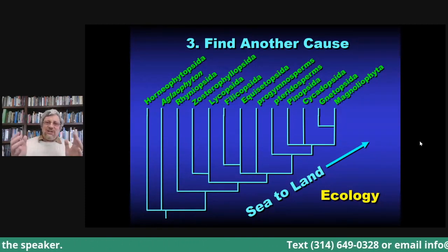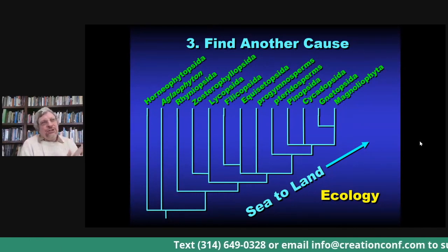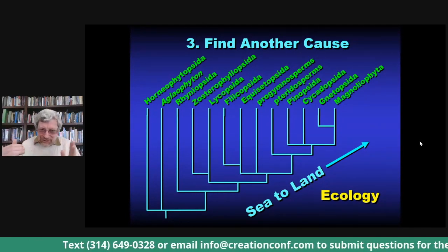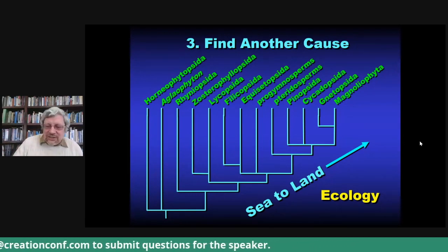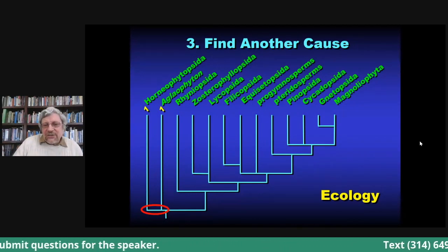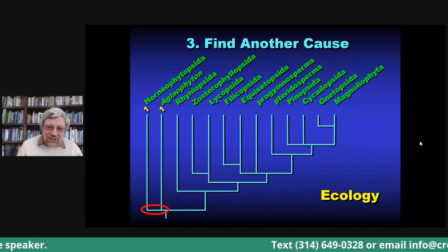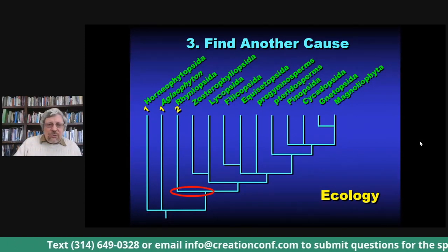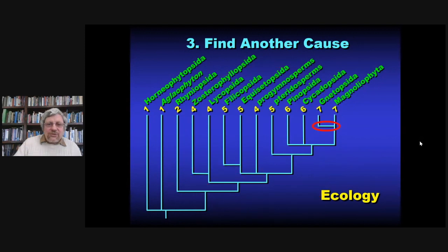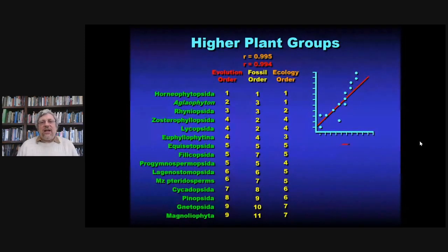So it sort of confirms the evolutionary claim that if evolution did occur, it seems to have been an evolution from the sea onto the land. So now let's take that ecology diagram and determine the order of first appearance of things based upon that.